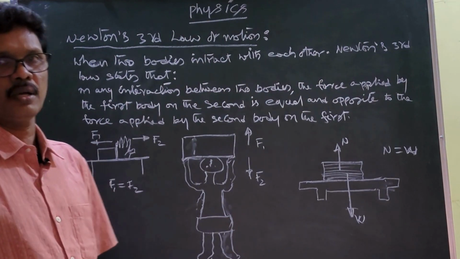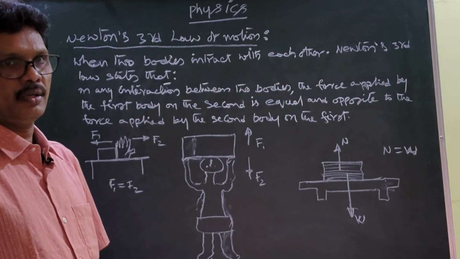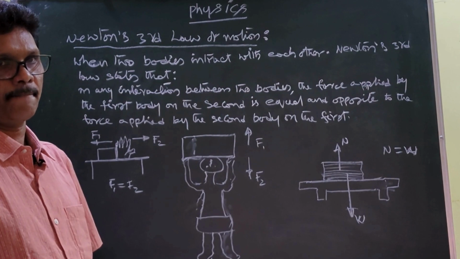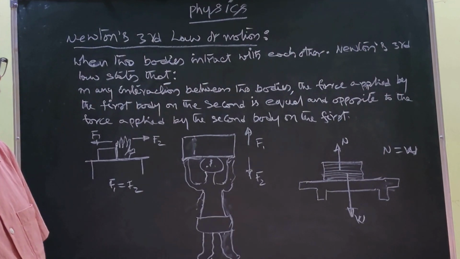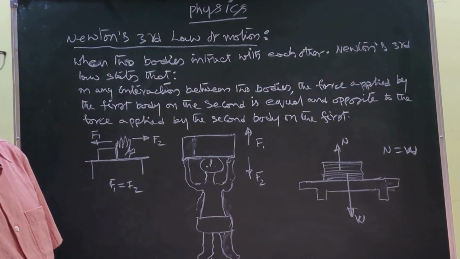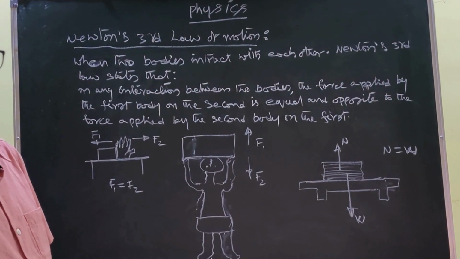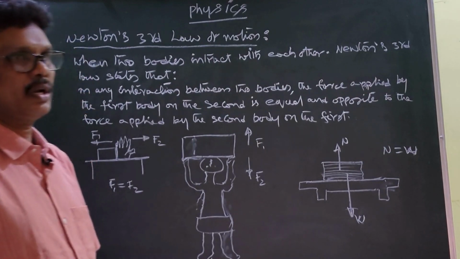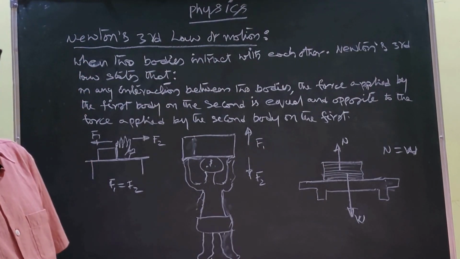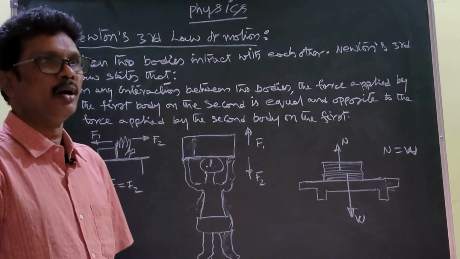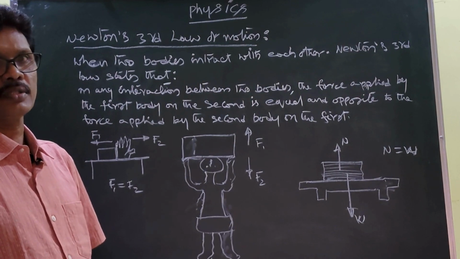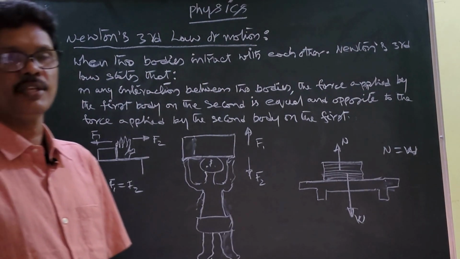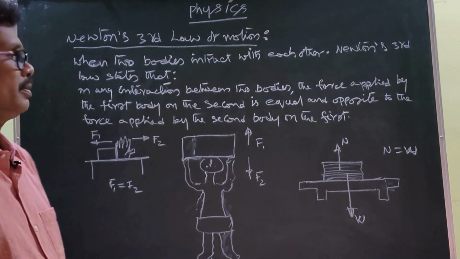Newton's first law and second law deal with the effect of force when acting on a body. The first law states that an unbalanced force produces a change in the velocity of a body.